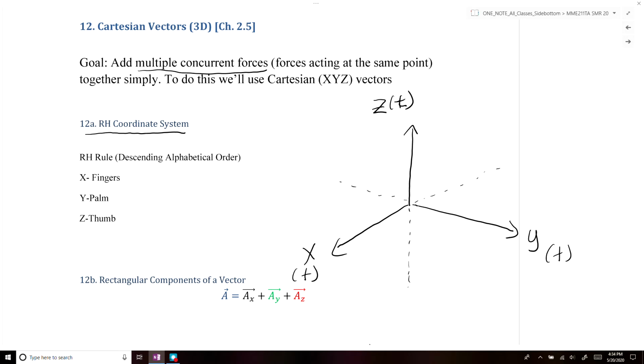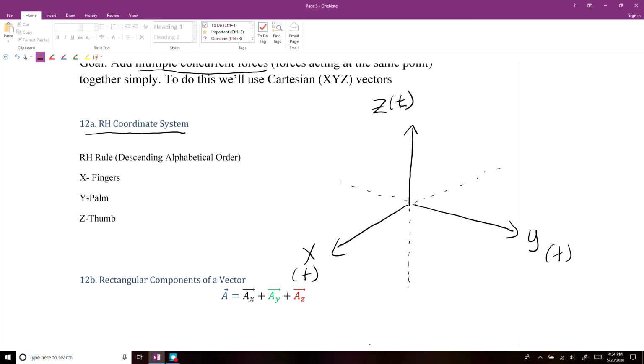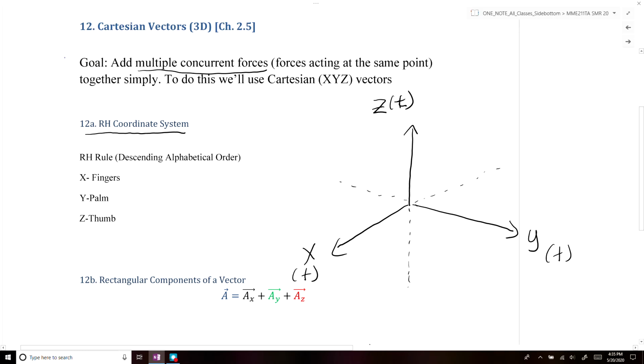A way you can think about this is if you took your right hand and pointed your fingers along one direction, that would be your x-axis.